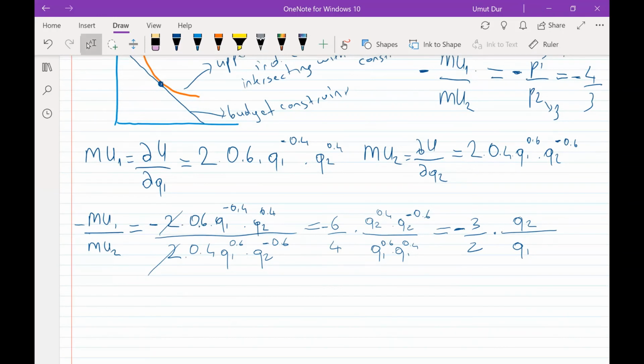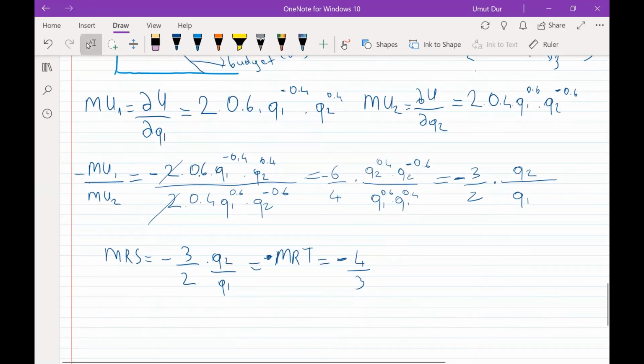Then what I have so far is MRS equal to minus 3 over 2 times Q2 over Q1, which is equal to the MRT, and I have already found MRT as minus 4 over 3.